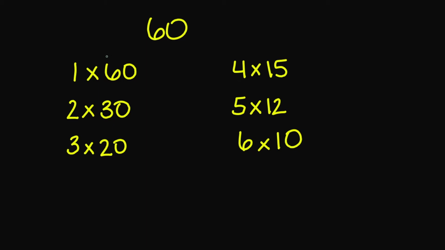So your positive factors are 1, 2, 3, 4, 5, 6, 10, 12, 15, 20, 30, and 60.